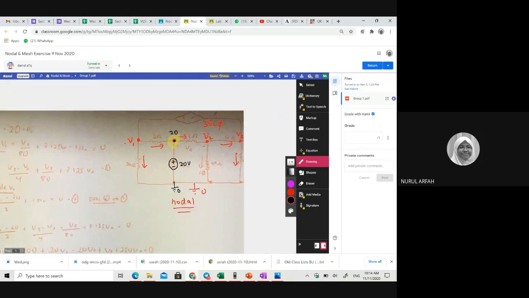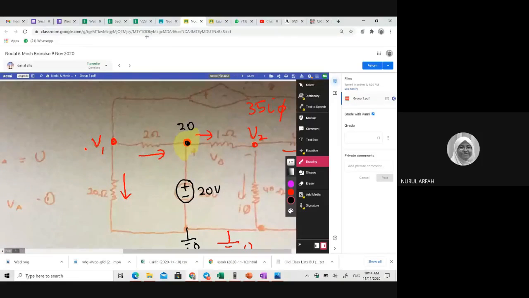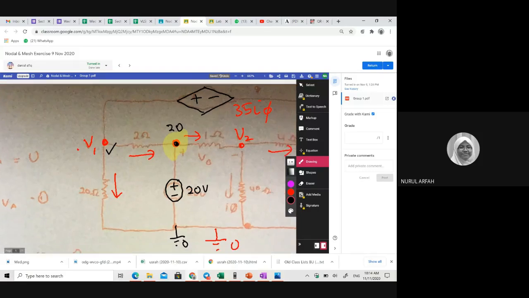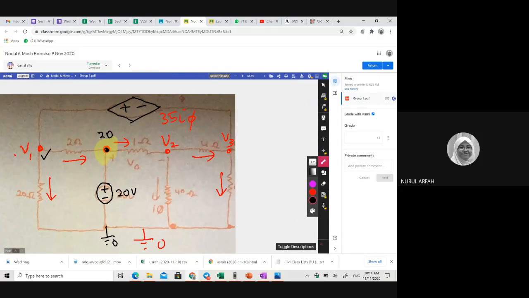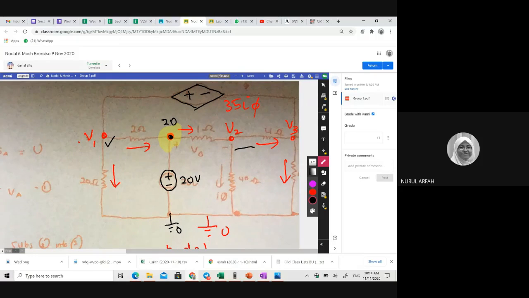And then second, okay, this part is correct because there's no node attached to no voltage source. Even though this is a voltage source up here, plus here, minus here, and the value is 35 I5, but on your right side here, we don't have any reference point at this node, at V3 here.